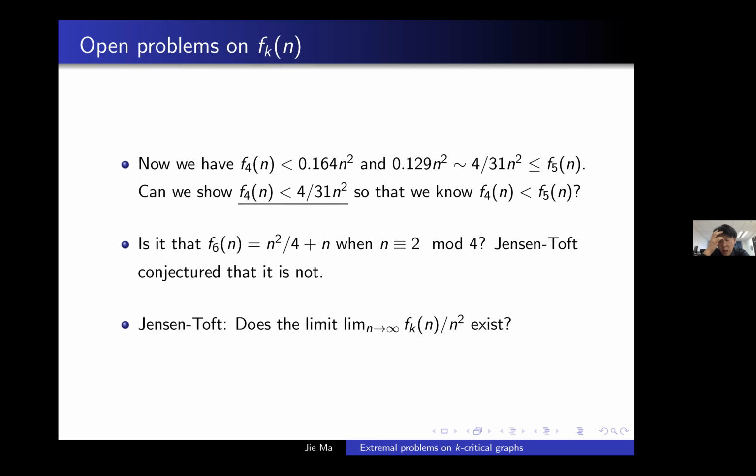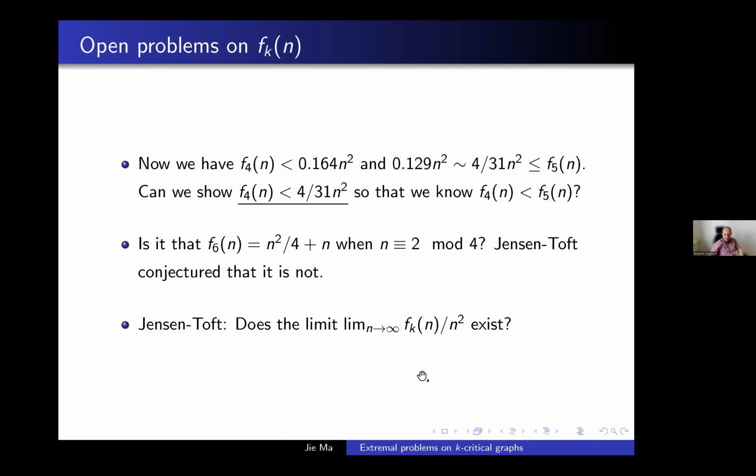There are other interesting questions. For example, is F6 just equal to the lower bound, n squared over 4 plus n? Jensen and Toft conjectured that this is not the case. So that says F6 should be strictly bigger than this expression.